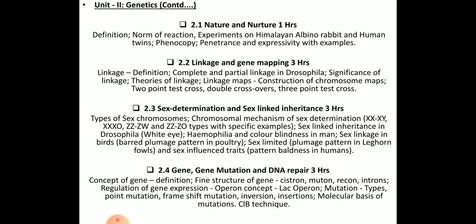What are the advantages and disadvantages of these diseases in genetics? Then sex linkage in birds, sex determination, sex-limited characters, sex-influenced traits. Why are some humans partially bald and some completely bald? In humans, that we will be studying.